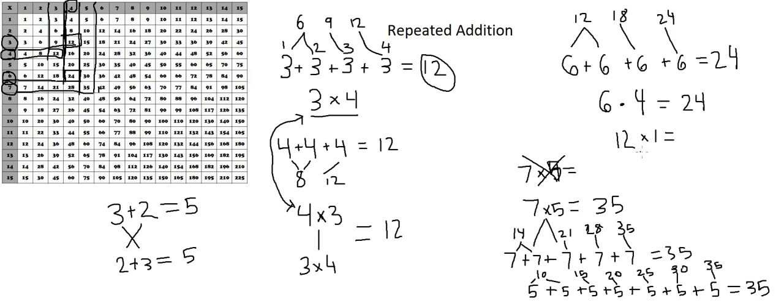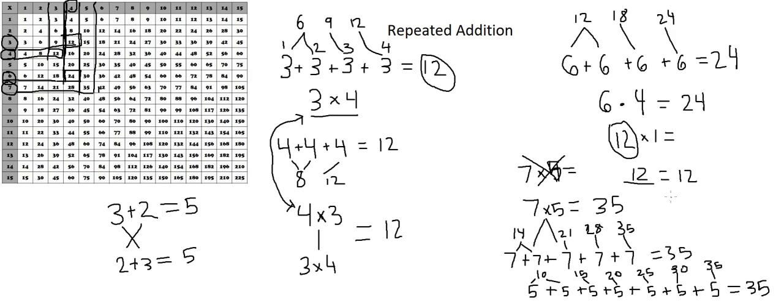We don't even need the table. We can use either one, but it would be most efficient to use this for the number that's getting added. So we're adding 12 one time. So it's only one 12, and 12 is equal to 12. Now that might sound a bit obvious, but it's the truth, right? You can just get one 12 and that's equal to 12.